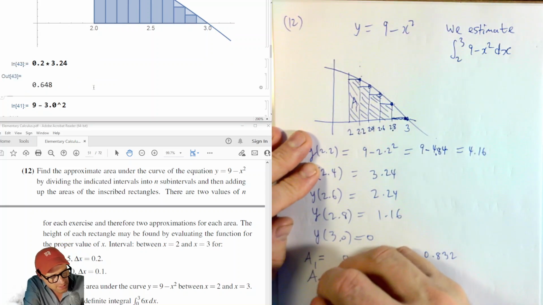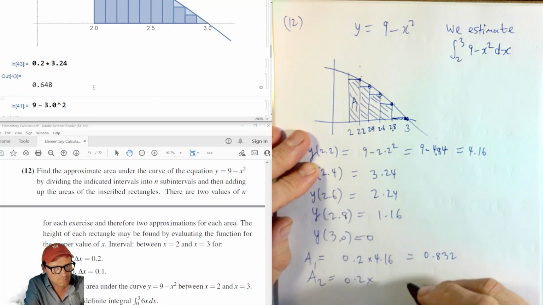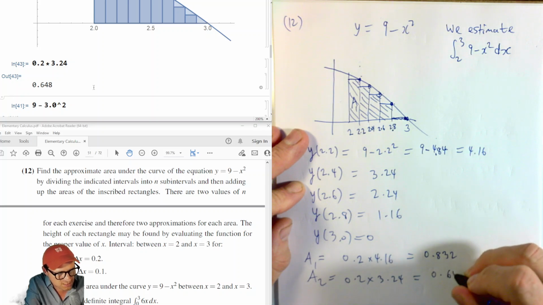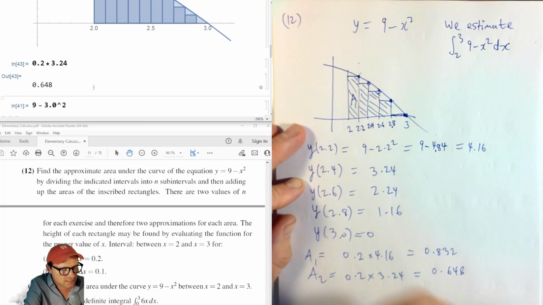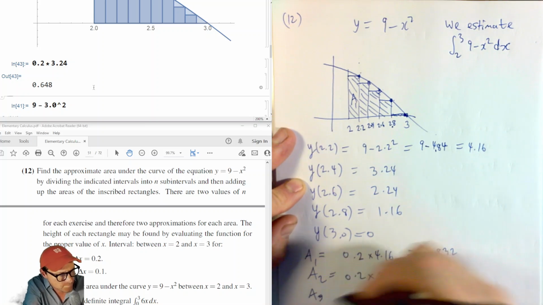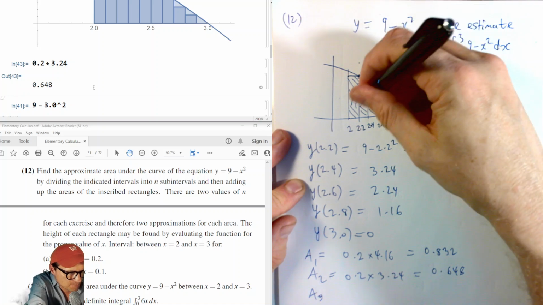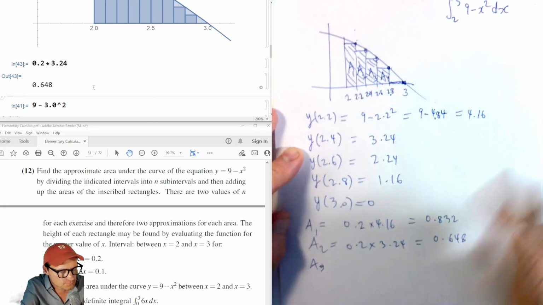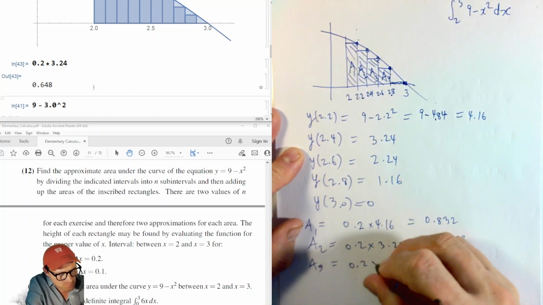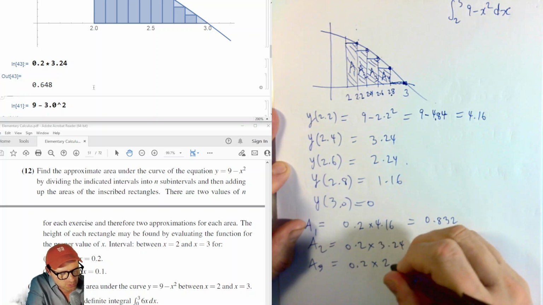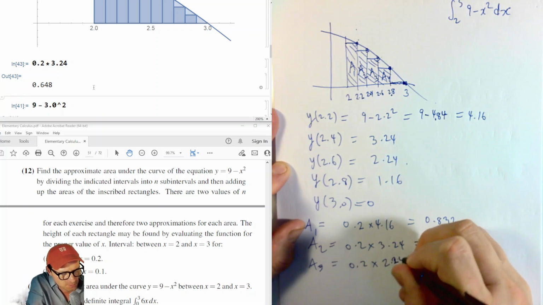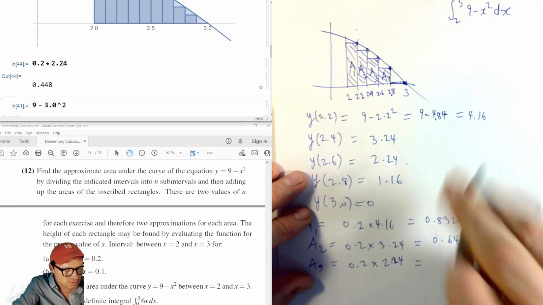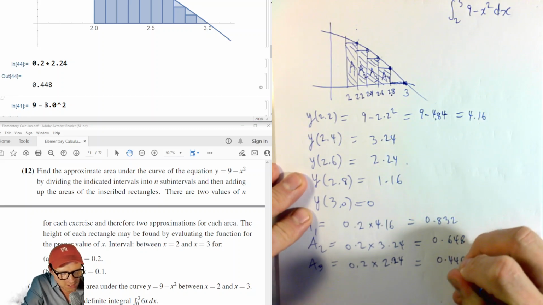Now the next one, 0.2 multiplied by 3.24. So for this, A2, we have 0.648. Okay, now A3, which is the area of this third one, so A3 is 0.2 multiplied by 2.24, and so 0.448.